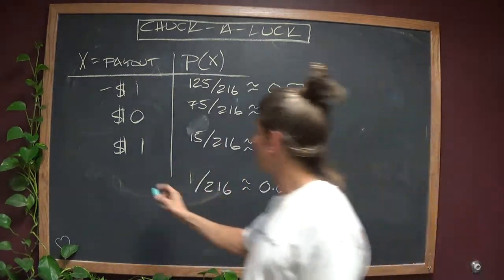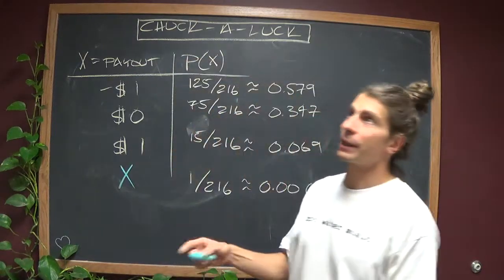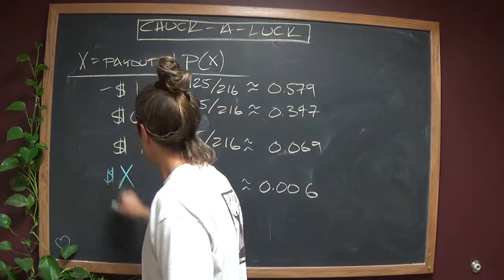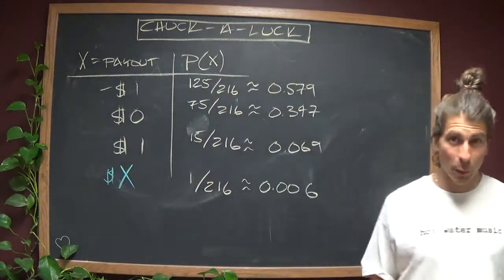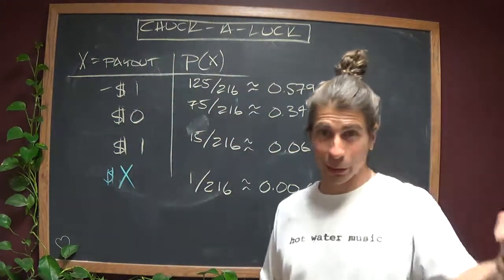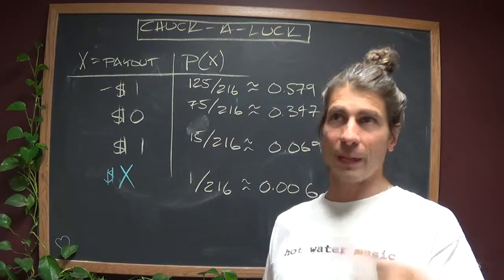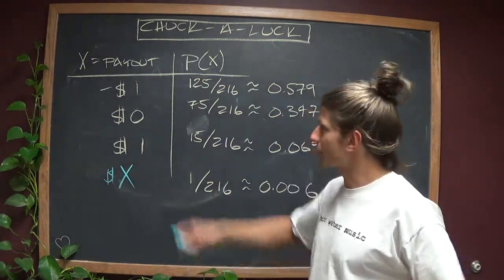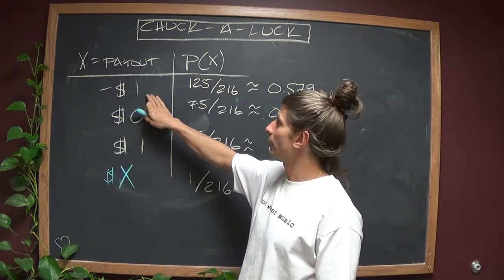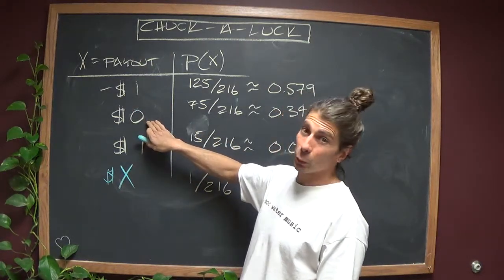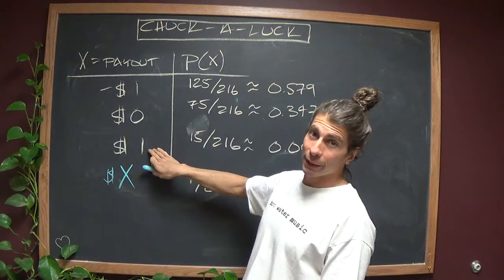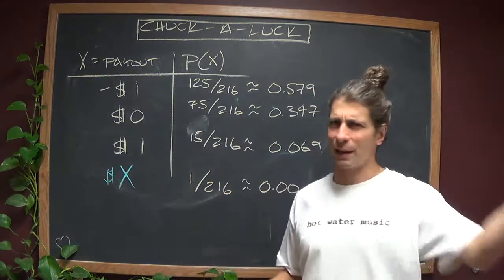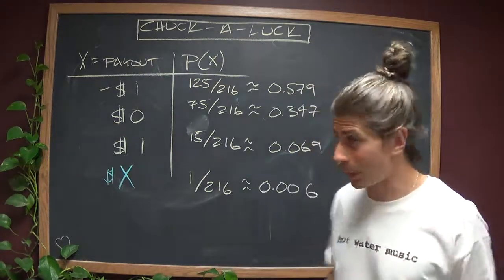Now it's going to be X. We have to deal with an extra $1, as far as we have to pay out $1 more than technically should be, because we have to cover the cost. Because this is actually technically 0 minus 1, 1 minus 1, 2 minus 1. So this would be X minus 1 technically, but we'll just add the extra $1 back on at the end and just keep that in our mind while we do it.